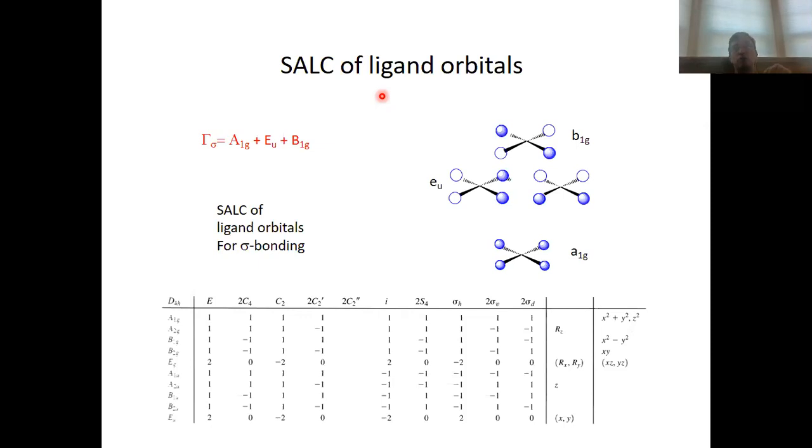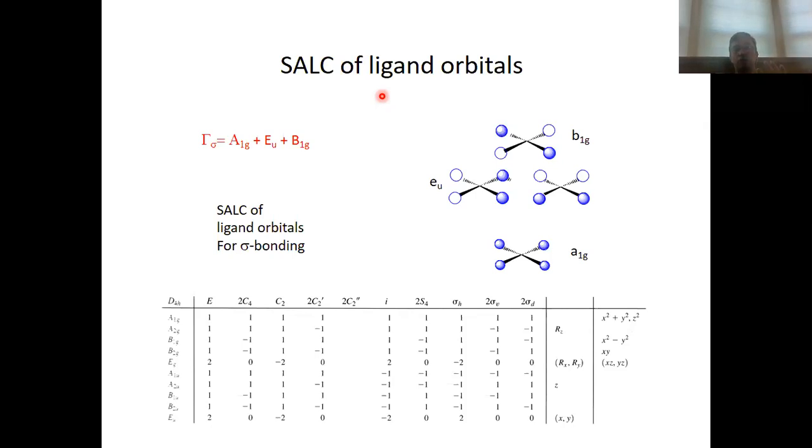In order to produce them, we would first need to determine the reducible representation for these ligand group orbitals, and then from that, using the reduction formula, calculate the irreducible representations for these ligand group orbitals.